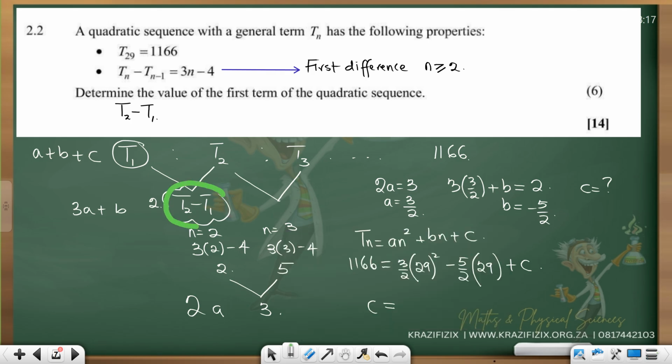Look at this. Are you okay with me writing T2 minus T1? Yes, sir. And that is what I have here, right? Yes, sir. Do you notice my n is 2? 2 here, then 2 minus 1. So for me to get this, I have to make n to be equal to what? 2. Because if I put 2 there, do you see it's going to come out as T2 minus T1, which is exactly what I have here.